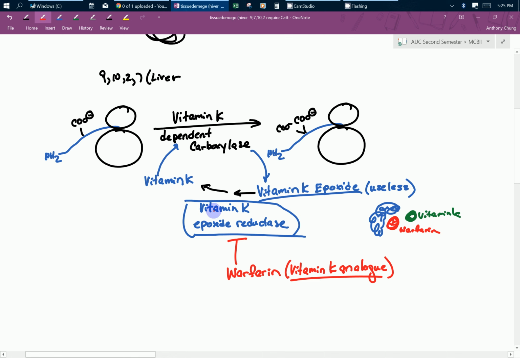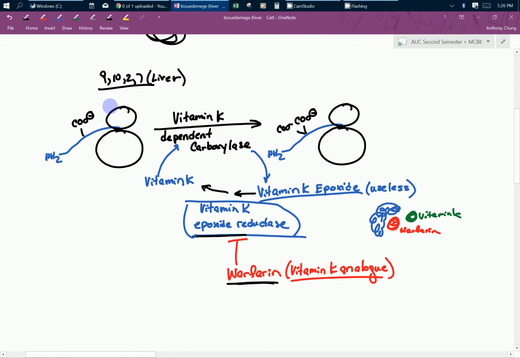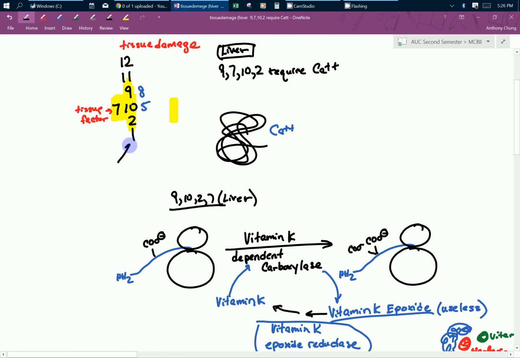And if you don't have this vitamin K that is recycled, then you can't make 9, 10, 2, and 7 correctly. And then if you can't make them correctly, you can't clot either. So it's very important that warfarin affects your clotting cascade because it is able to inhibit this very specific enzyme to prevent your goal, which is fibrin.